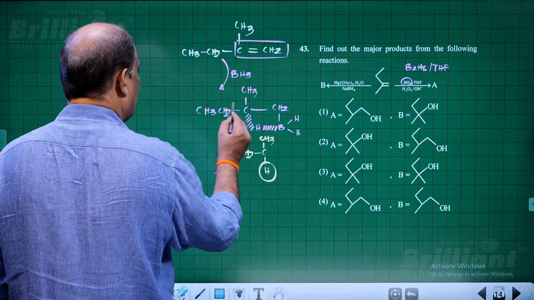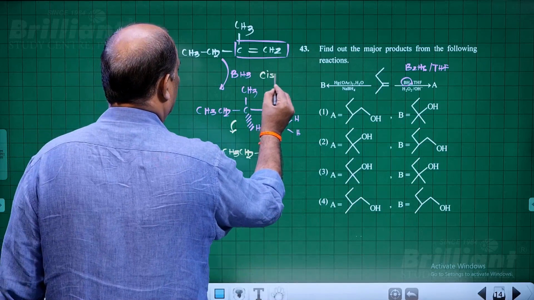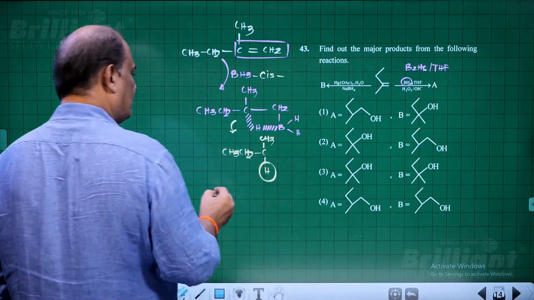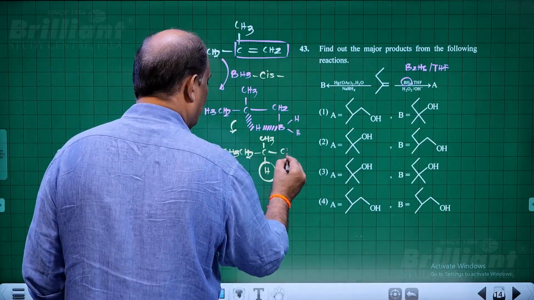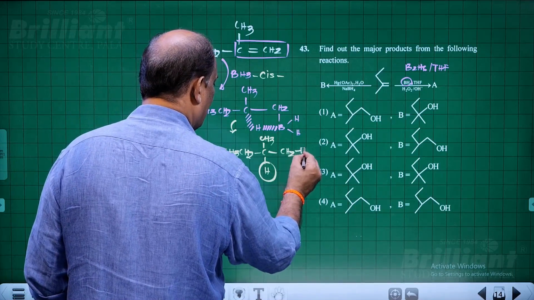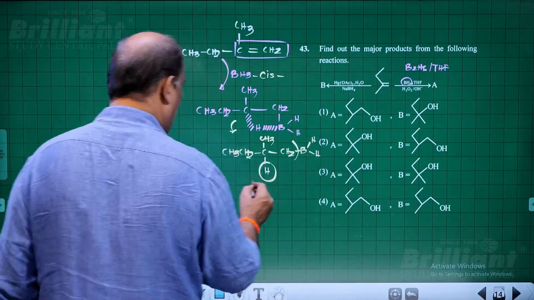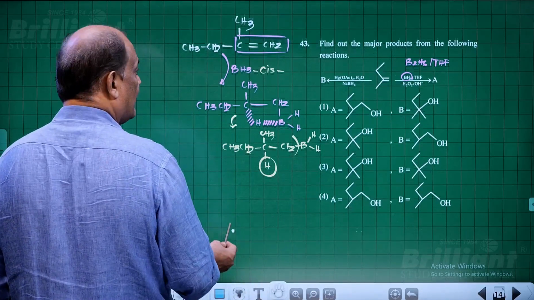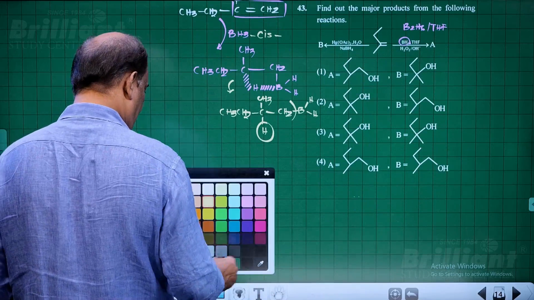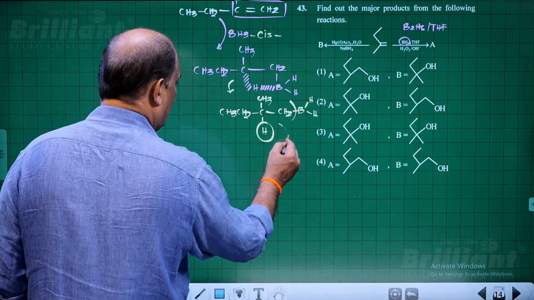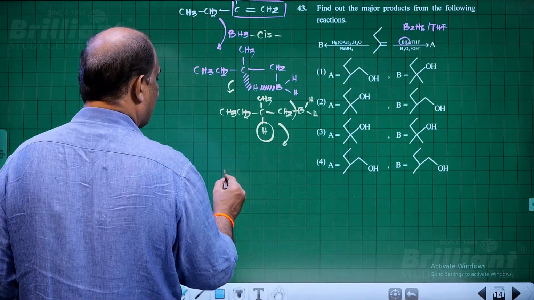That's why it is a cis addition. Now CH2 boron, again hydrogen, hydrogen. Still two more molecules can be taken into consideration.